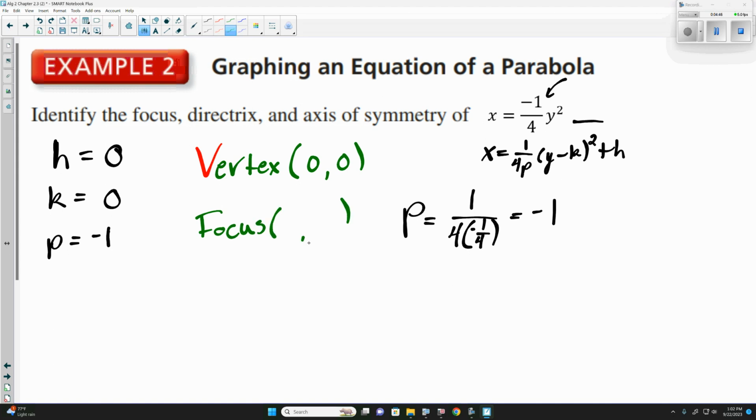Now our focus for x equals, in its original form, is (h plus p, k). k would be 0. Our h plus p would be 0 plus negative 1, which is just negative 1. So the focus is the point (-1, 0).